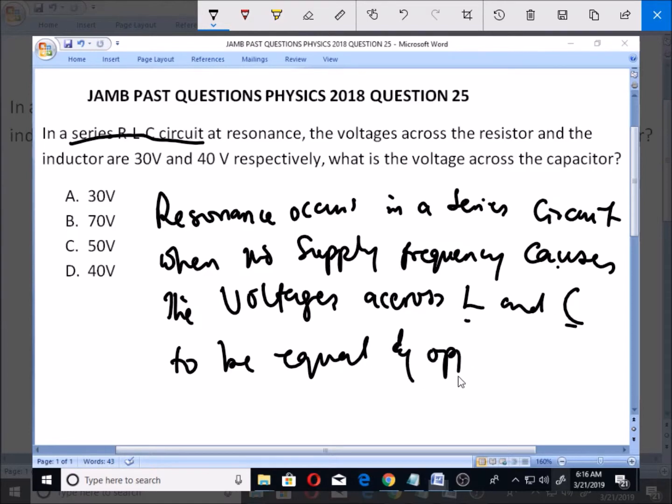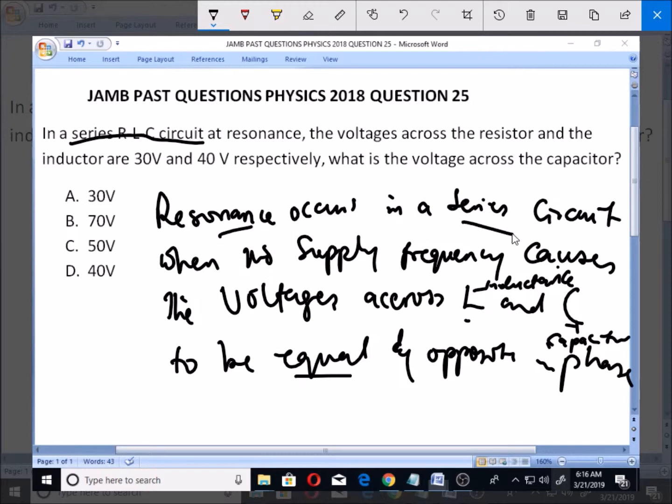and opposite in phase. So whenever the voltage across the inductor, known as the inductance L, and the voltage across the capacitor are equal, we call it resonance.